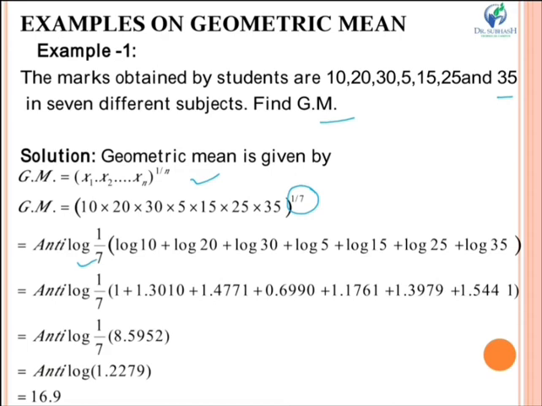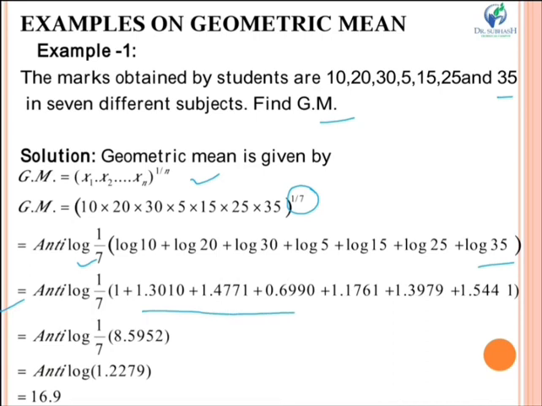Now I will take log of all the terms. Consider here LOG in the scientific calculator. So on calculating all the values, in the next step, I will take the antilog of the obtained value.